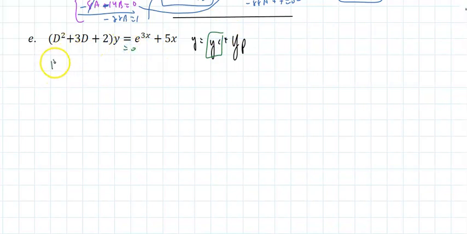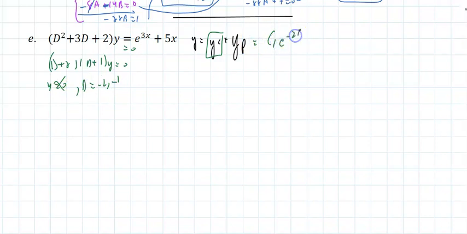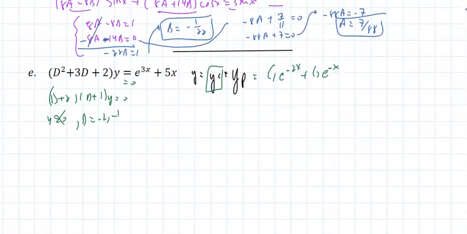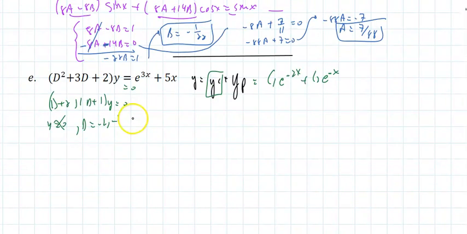So I'm looking at d plus 2 into d plus 1 equal to 0. Because, well, y operating on y, y equals 0 is useless. D equal negative 2 and negative 1. Very good. So this is c1 e to the negative 2x plus c sub 2 e to the negative x. I did put x, not t before, right? Yeah, very good. Okay, and how about the particular?